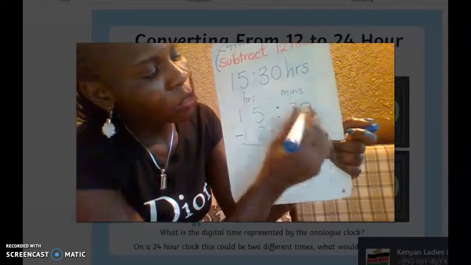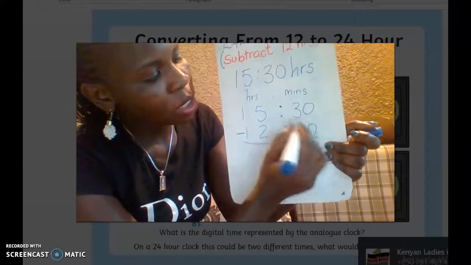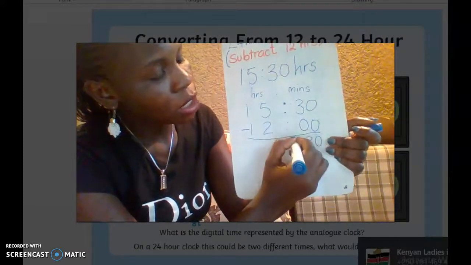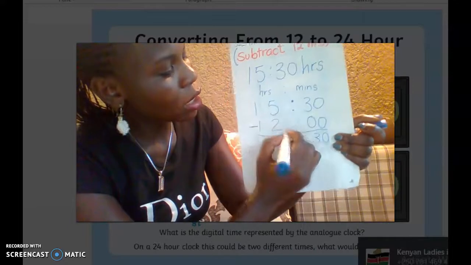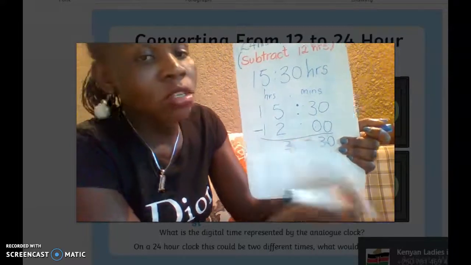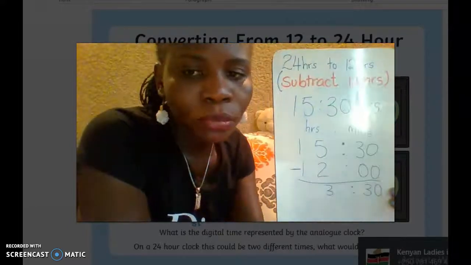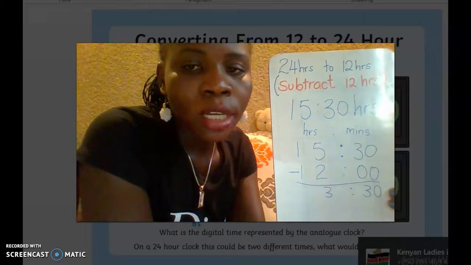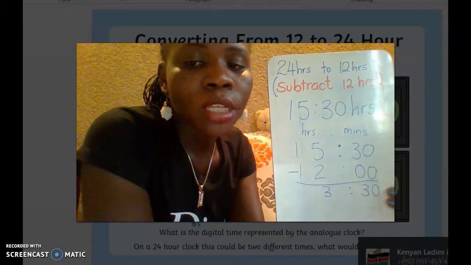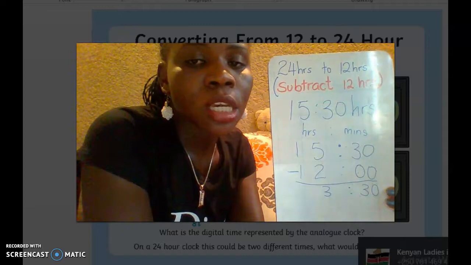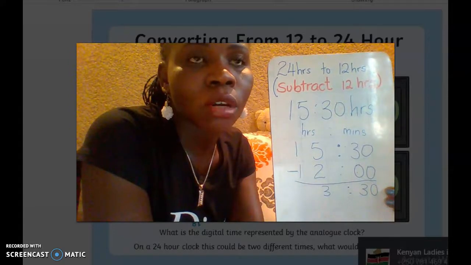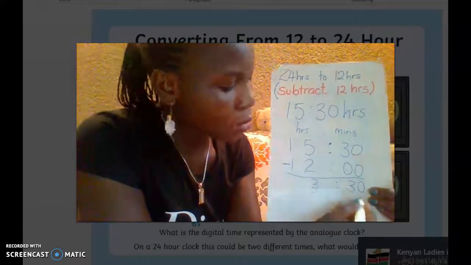So I'm going to have 0 take away 0 is 0. Here 3. The 2 columns must still remain, and then here I'm going to have 3. So that explains why 15:30 hours will still be 3:30 in 12-hour clock.